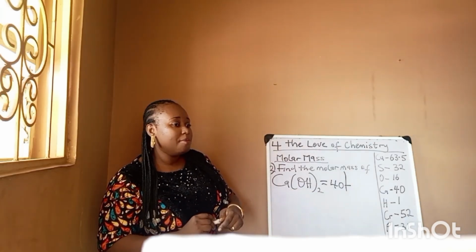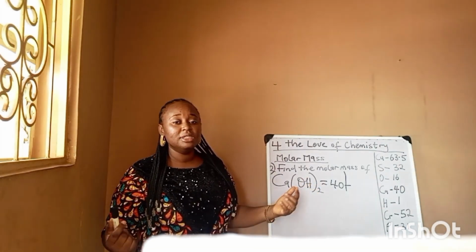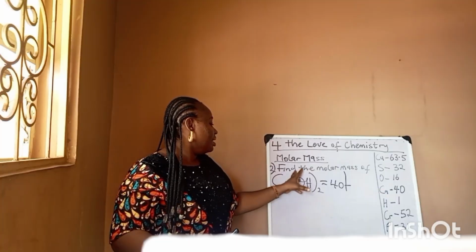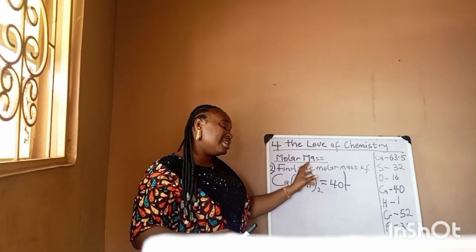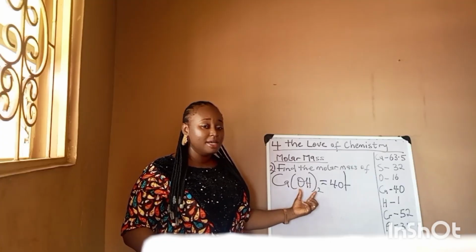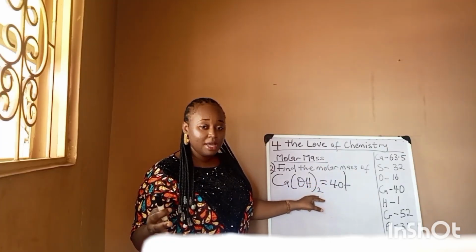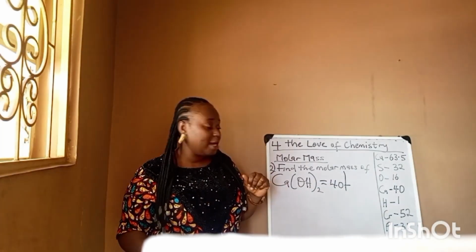If you remember when I told you about radicals, this OH is a hydroxyl radical. It acts as a single unit. That is why the valency from calcium was given to it as a single unit. That's why you have it in brackets, to indicate that each of the atoms, there are 2 of them. So here we have 2 atoms of oxygen and 2 atoms of hydrogen.